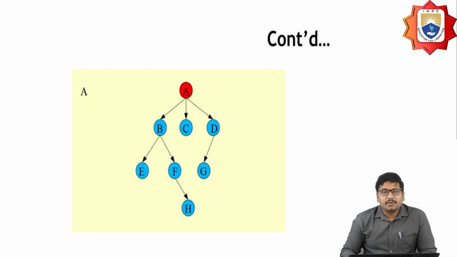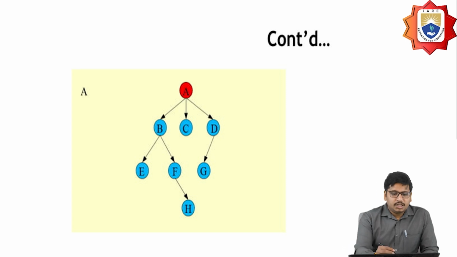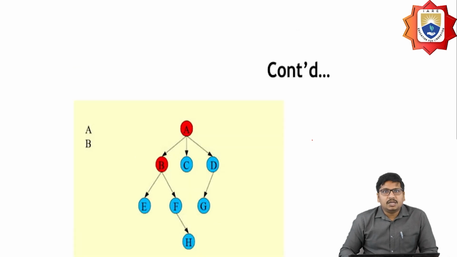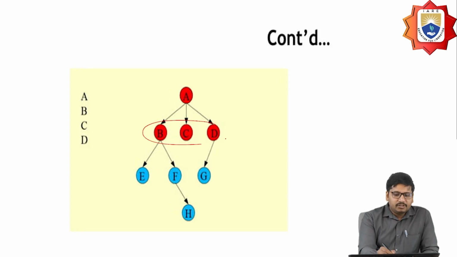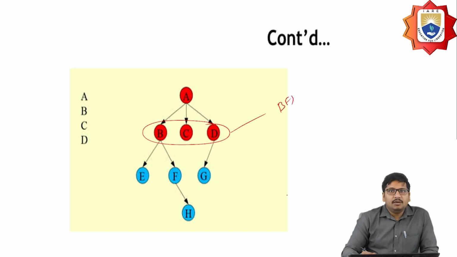First I am going to visit the root node, that is A. After that I am going to visit the next node, which can be either B or C and then D. So the first one is A, next I visit B, then level by level C and then D. The level by level visiting of all the nodes is treated as BFS here.